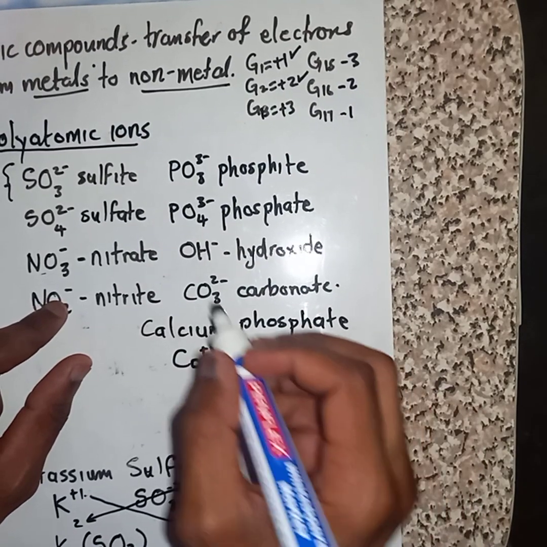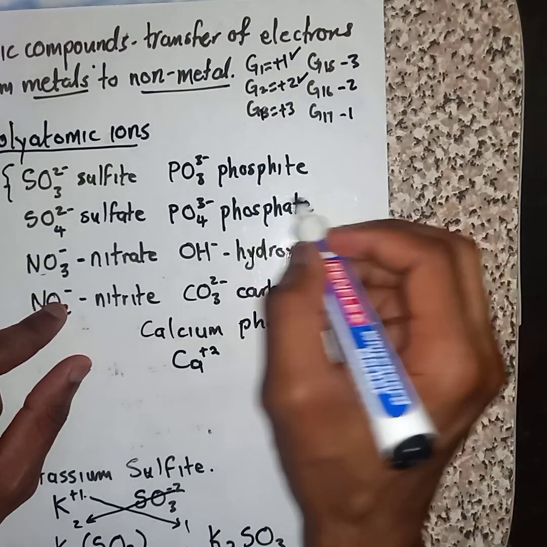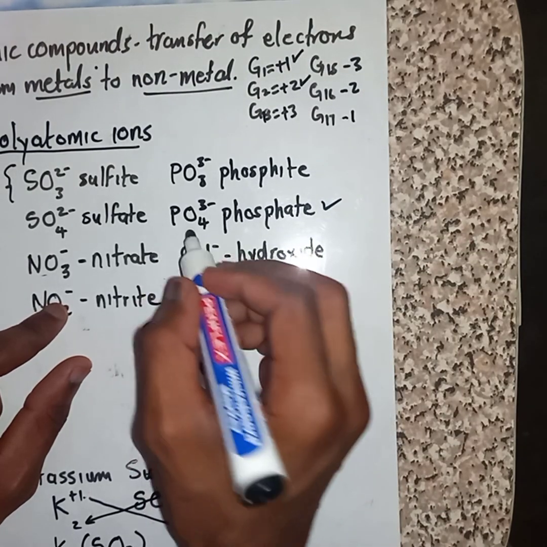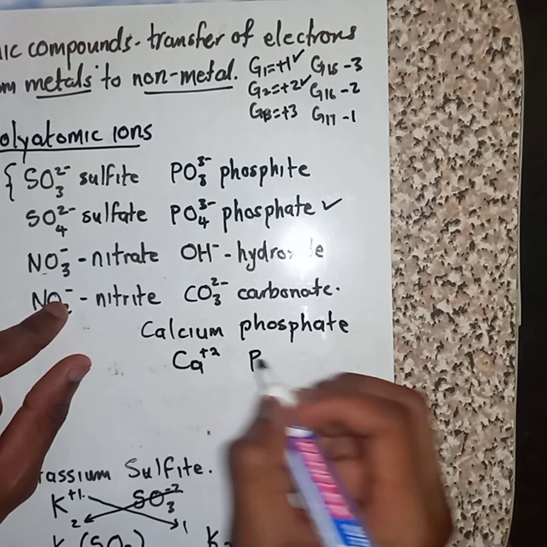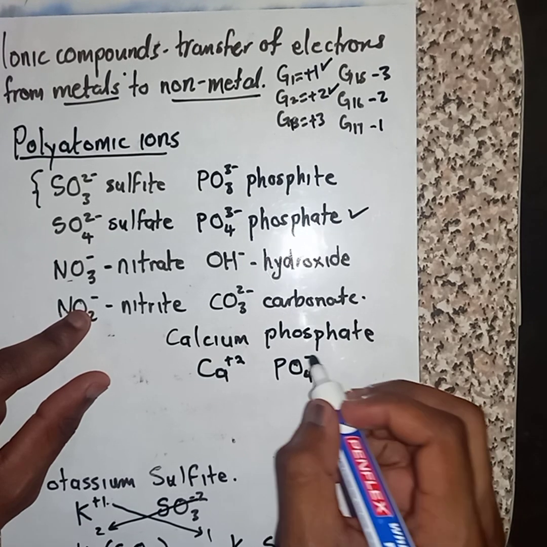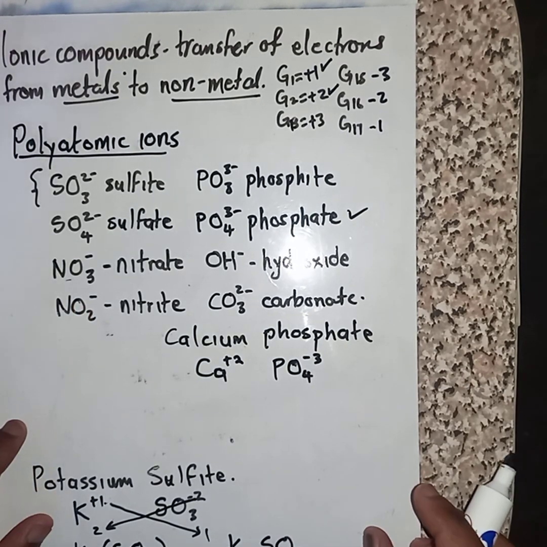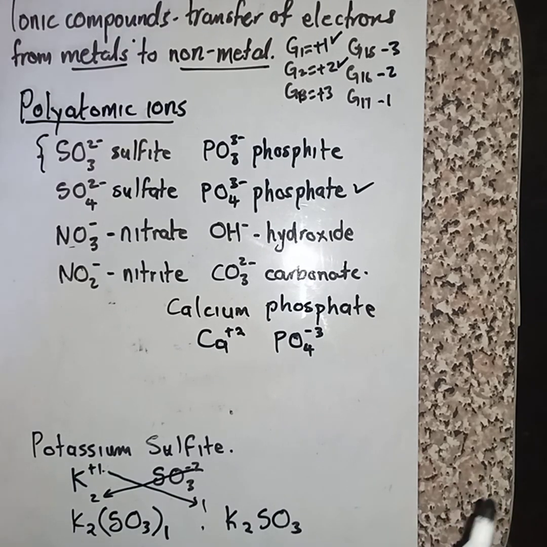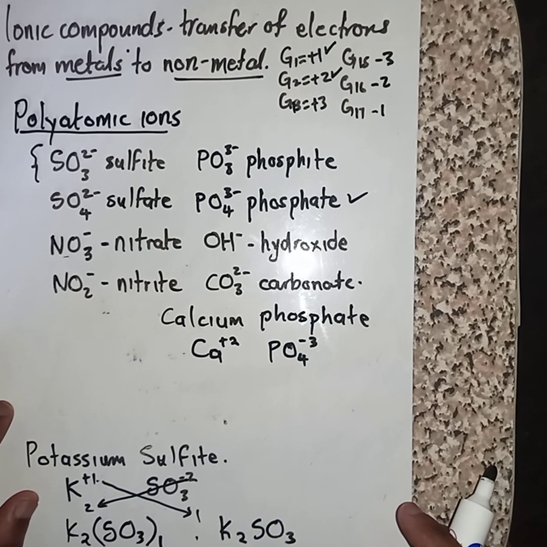Then for phosphate, where's phosphate? There's phosphate. Phosphate is going to be PO4 3-. Then how are we going to write the chemical formula for this one?